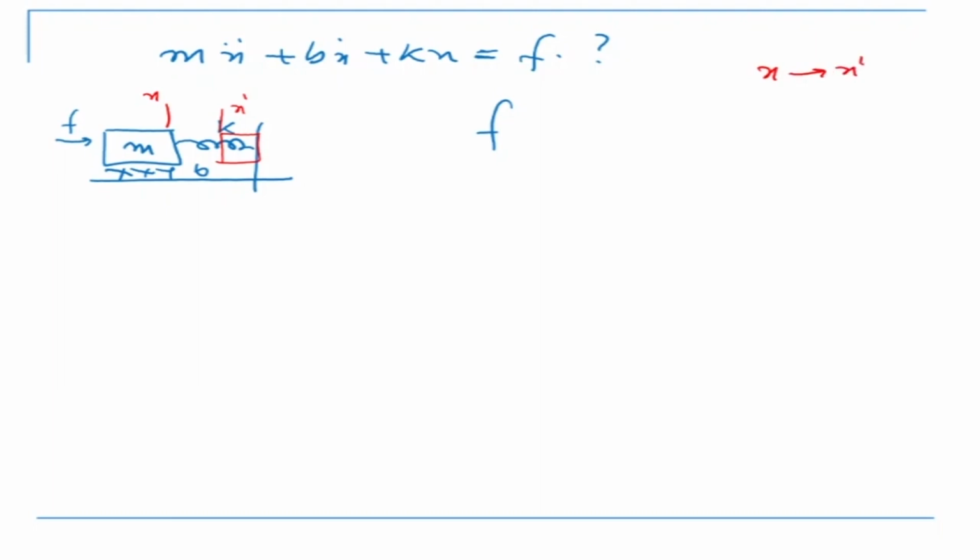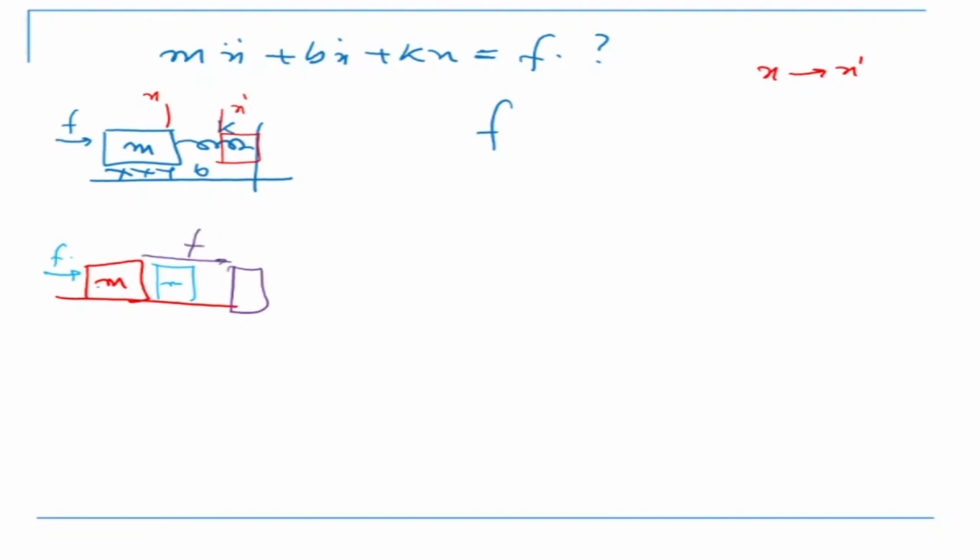Now, if this is very far, then I have to apply more force. It's like saying that if you keep a mass on a table and you want the mass to go a very small distance, I just want it to go here, then you apply a small F. If you want the mass to go very far, from here to here you apply a larger force.